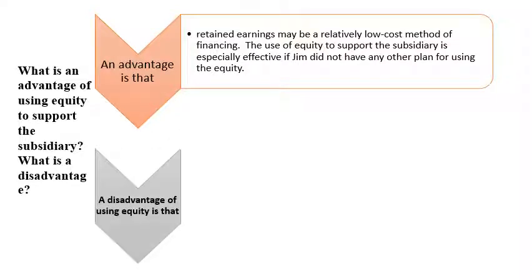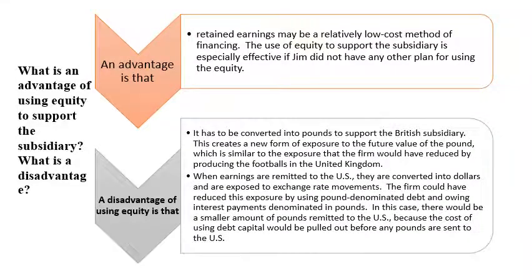On the other hand, the disadvantage of using equity is that it has to be converted into pounds to support the British subsidiary. This creates a new form of exposure to the future value of the pound, which is similar to the exposure that the firm would have reduced by producing the footballs in the UK. When earnings are remitted to the US, they are converted into dollars and are exposed to exchange rate movements.